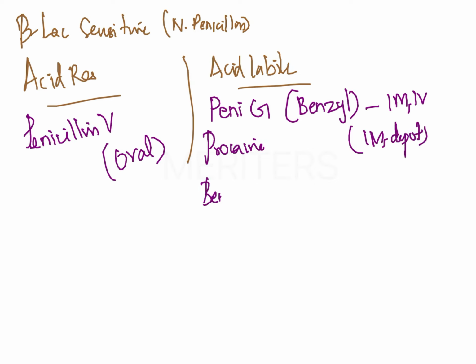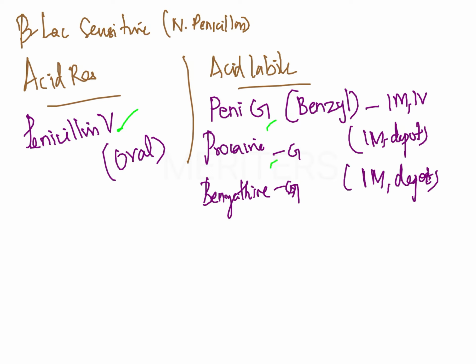And you have benzathine penicillin, which is also G type, also IM and depot injection. So basically, in acid resistant you have penicillin V, and in acid labile you have penicillin G, procaine, and benzathine penicillin.